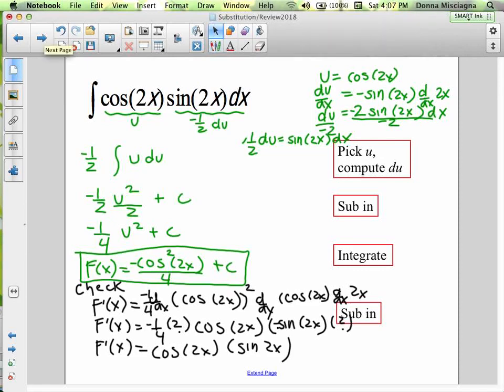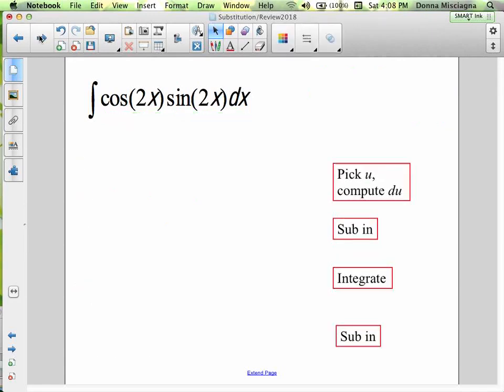All right, so the answer here we got was f of x equals negative cosine squared 2x divided by 4 plus c. Let's make u equal sine 2x.